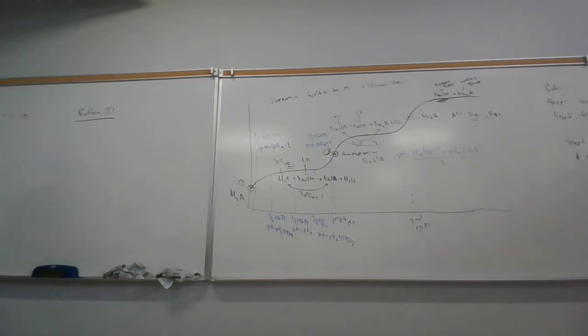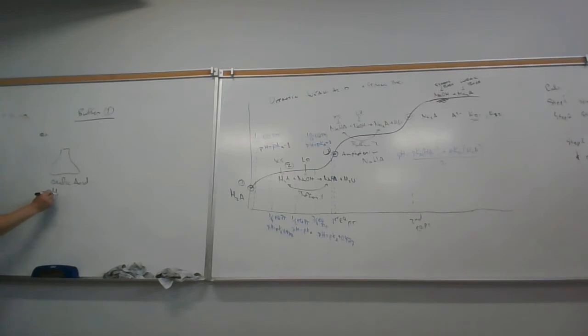The next thing is we can do a calculation. So, example calculation. Let's titrate a diprotic acid. What would be a good diprotic acid? Maybe oxalic acid.